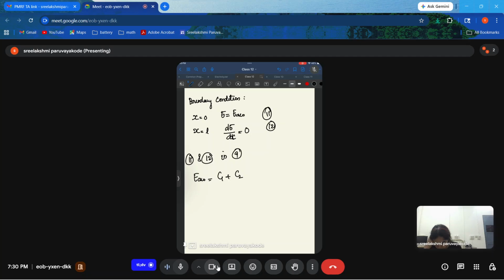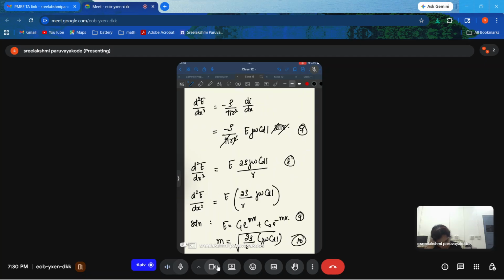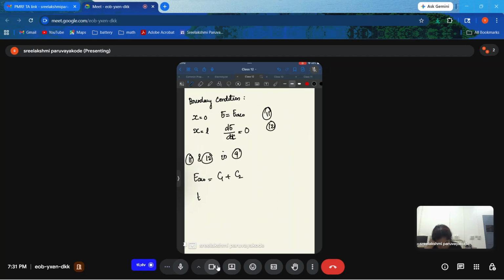Now if I'm going to substitute different, dE by dx, I have this equation, right? E equal to C1 e to the power mx plus C2 e to the power minus mx. Let's do d by dx. What do I get?